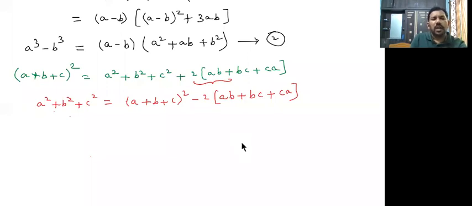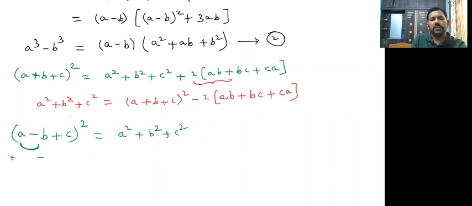Okay. Now I am going to write another formula: (a + b − c)², or you can take (a − b + c)². How to write? Already yesterday I discussed, but once again: a² + b² + c² is common. For 2ab, observe when multiplying these two: the first term is positive, the second is negative.